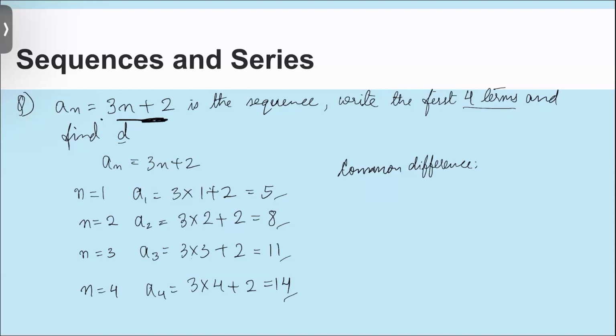So to find the common difference d, we subtract the first term from the second term. Your a2 is 8, a1 is 5, so d is equal to 3. This is how you can solve this.